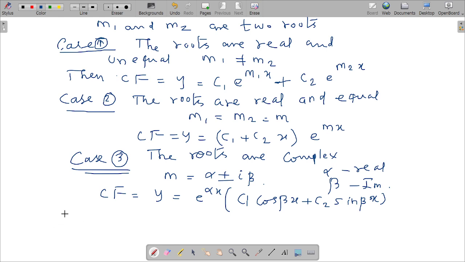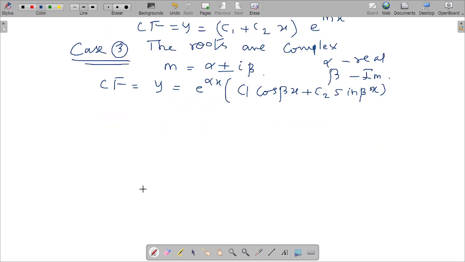For example, if the given equation is d square y by dx square plus 6 dy by dx plus 5y equal to e power 2x.